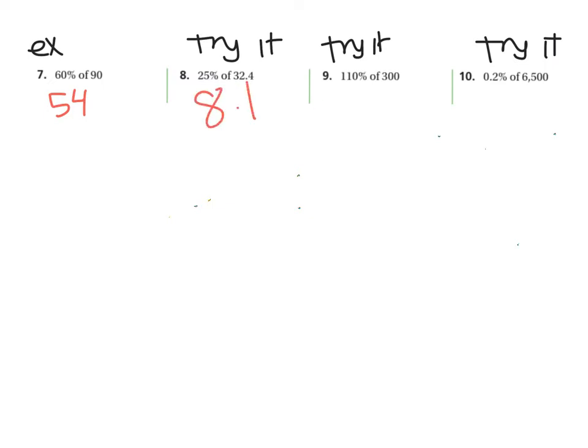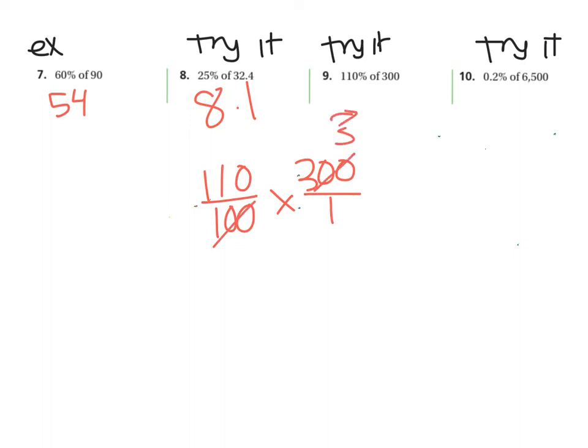Okay, 110% of 300. Because it's more than 100%, it's going to be bigger than 300, which is kind of weird. But it's still going to be out of 100. And then times 300 over 1. And I'm going to simplify this. This will be 3 over 1. And then 3 times 110.